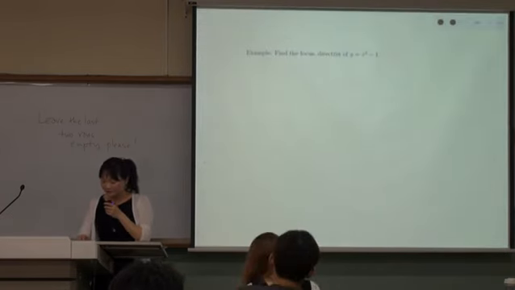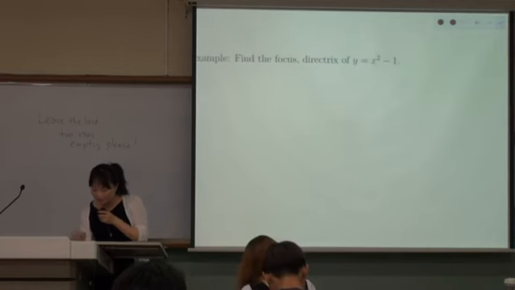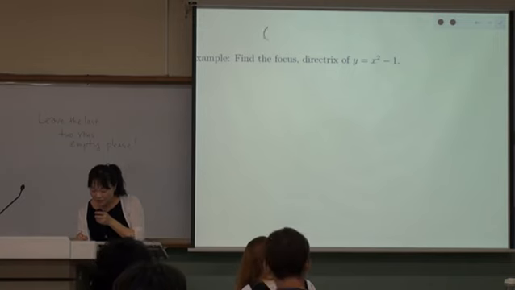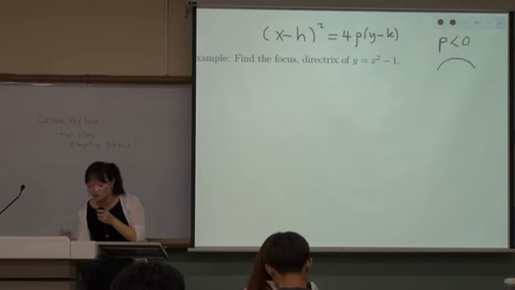Okay. Find the focus and directrix of y equals x squared minus 1. So again, it is (x minus h) squared equals 4p(y minus k). And p is less than 0 when? When it opens downward, okay?